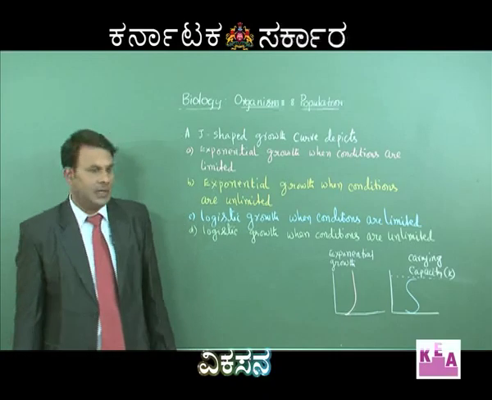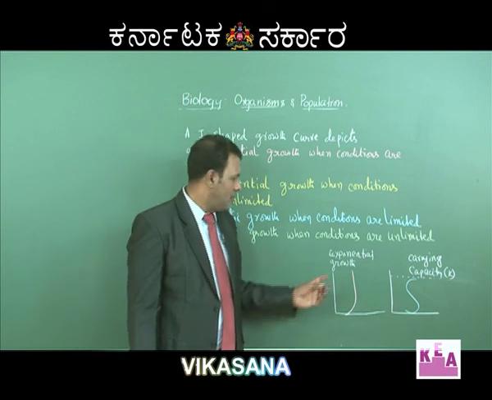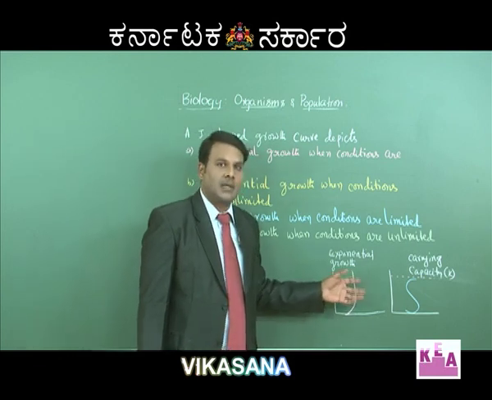Students, as you know already, organisms undergo growth in two patterns. One is called exponential growth and the other one is called logistic growth. In exponential growth, when the resources are unlimited, organisms undergo growth in a geometric pattern.